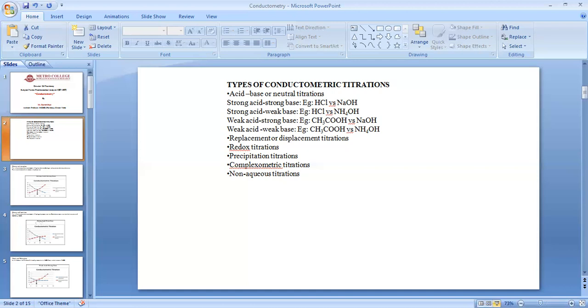We can learn this complexometric titration in conductometric titration by an example of potassium chloride with mercury chloride. When mercury chloride is treated with potassium chloride, it forms mercuric chloride and two molecules of potassium chloride. When this mercuric chloride and potassium chloride react with each other, it forms a complex of potassium mercuric chloride.